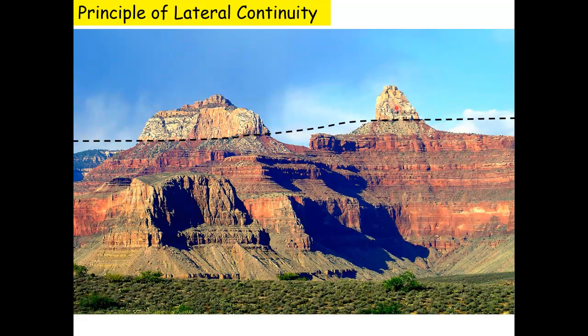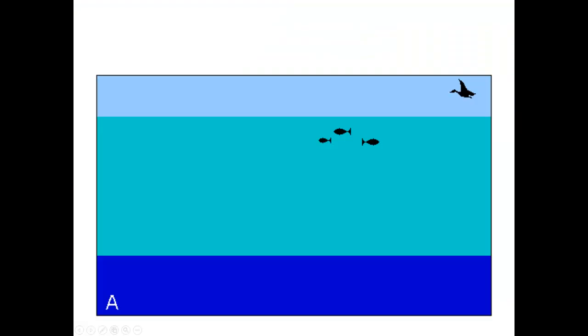It's present again here, and it once existed here, but it's subsequently been eroded away. So the idea that this once formed a continuous layer of sediment, laterally continuous across our region, is based on the principle of lateral continuity.